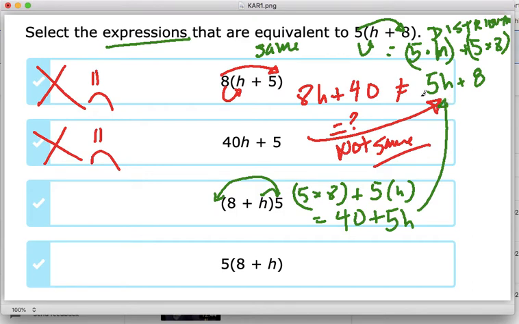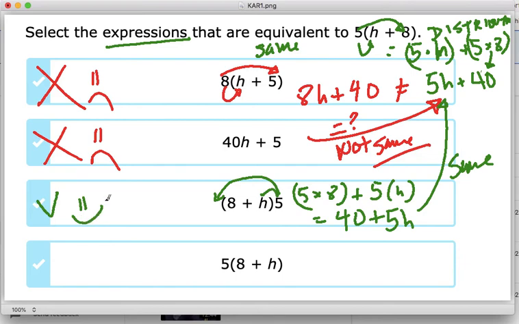Oh, look at that. Did I make a mistake here? This should be, let me get my eraser. Erase, erase, erase. Should be 40, because 5 times 8 is 40. So, yes, same. So this works.